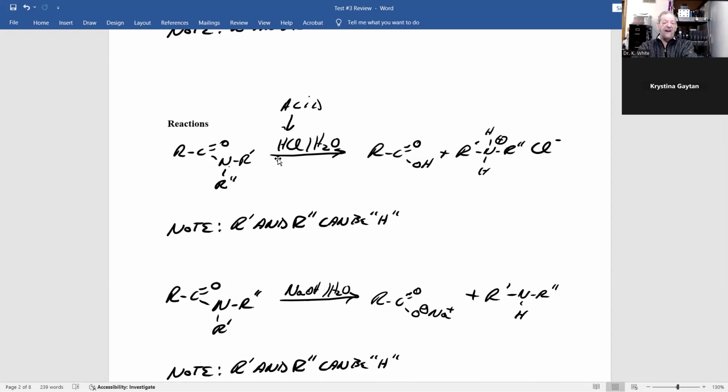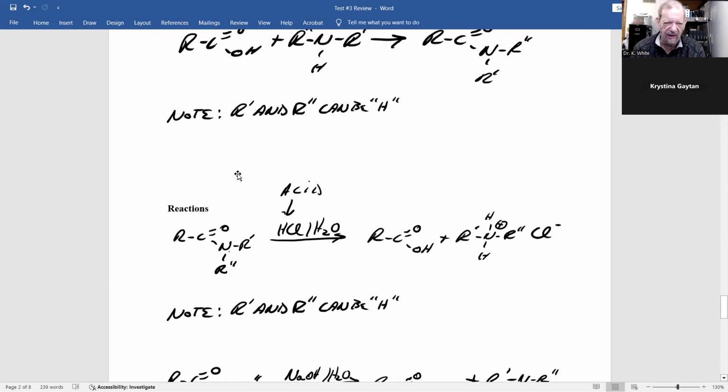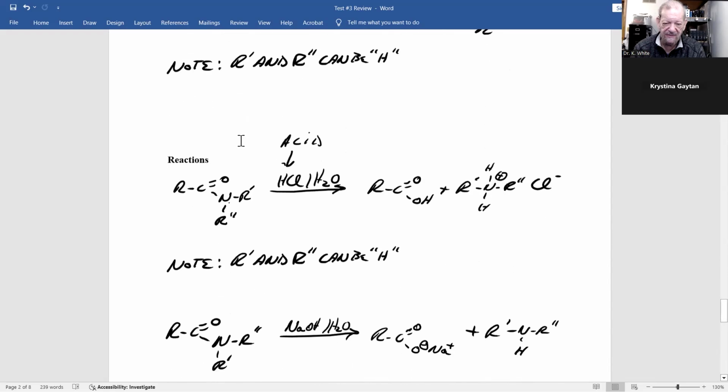And we'll learn later on, proteins, which are amino acids hooked together in amides, also called peptide bonds, are broken down by the acid and water in your stomach. So if you take an amide, react it with acid and water, you get back the carboxylic acid you would have used to make that amide, like in this reaction.